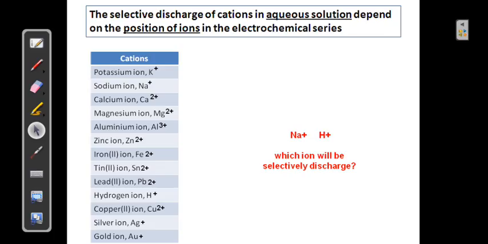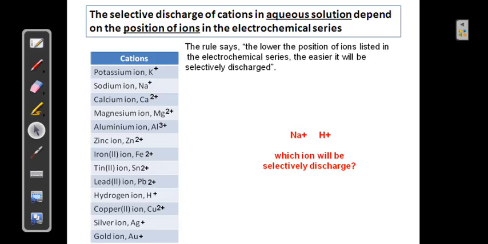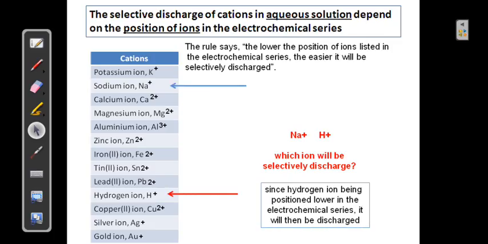So now we have sodium and we have hydrogen. Now we have these two ions in our solution. Which one will be selectively discharged? The rule says, the lower the position of the ion listed in the electrochemical series, the easier it will be selectively discharged. Now look at the position of hydrogen relative to sodium.